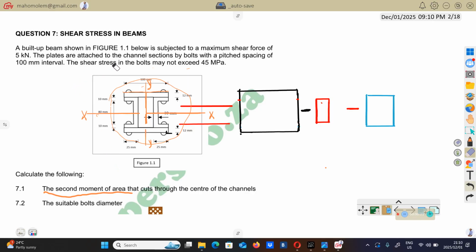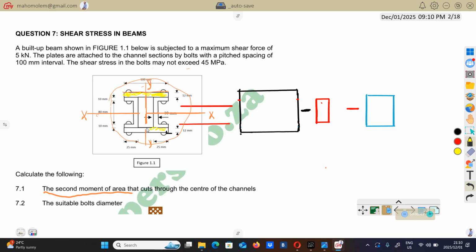You can see from this question statement, the maximum shear force of 5 kN is given. The blades are, which is this, these are the blades, these yellow ones.